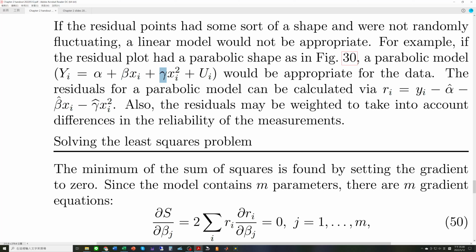Also the residuals may be weighted to take into account differences in the reliability of the measurements.